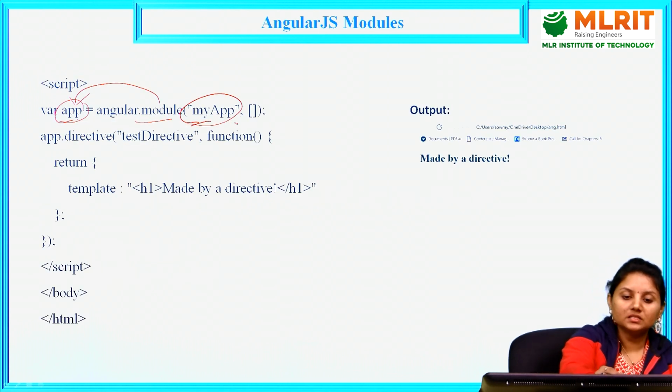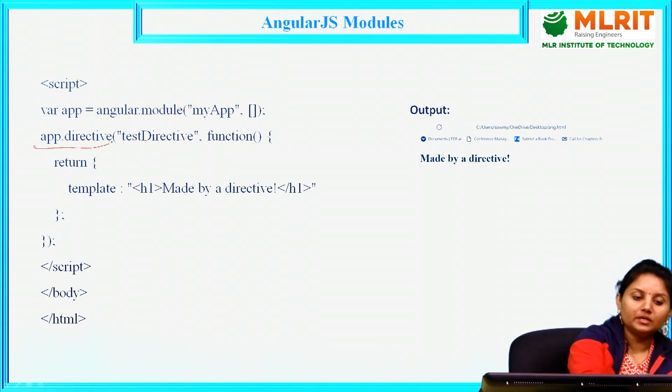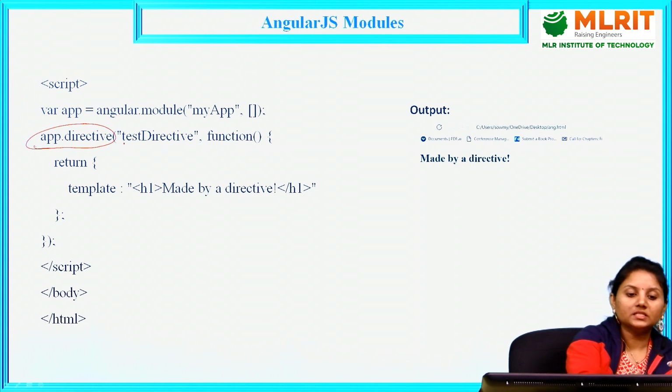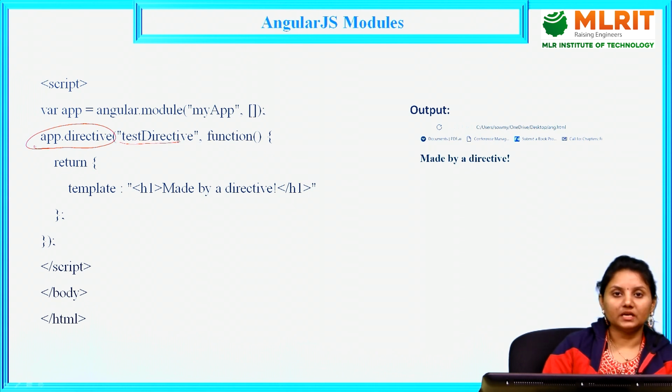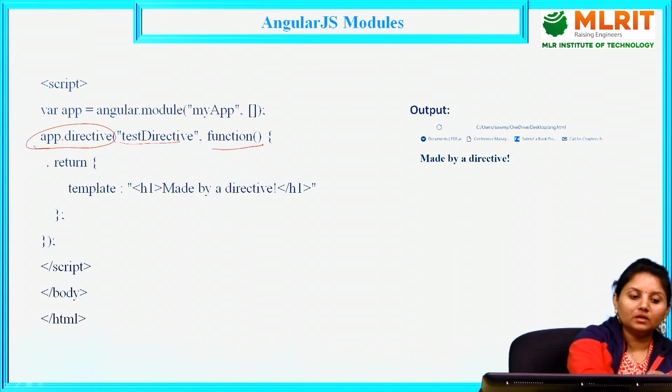As this is a new module, we give an empty array. app.directive is used to create your directive, and this is the name of the directive. The second parameter is a function, which is going to return whatever is defined in the template.